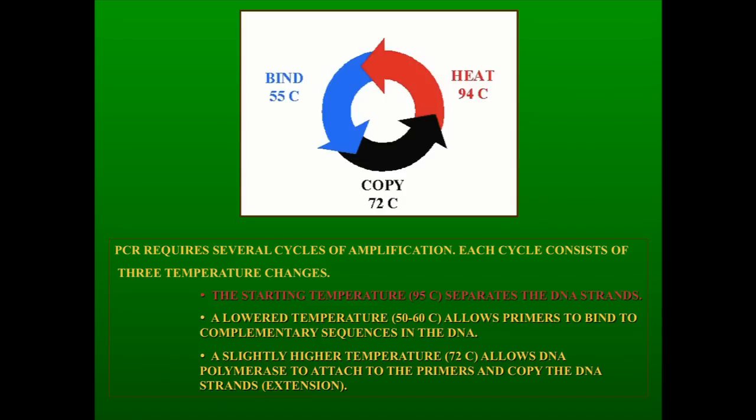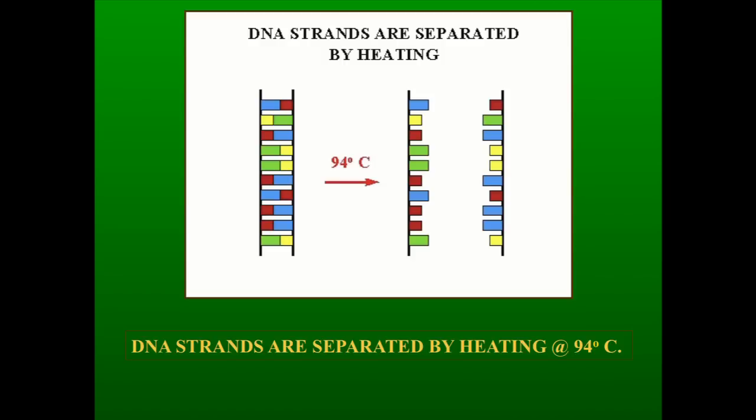A lower temperature, 50 to 60 degrees C, allows the primers then to bind, recognizing their targets. A slightly higher temperature, 72 degrees, allows the DNA polymerase to attach to the primers and copy the DNA strands.